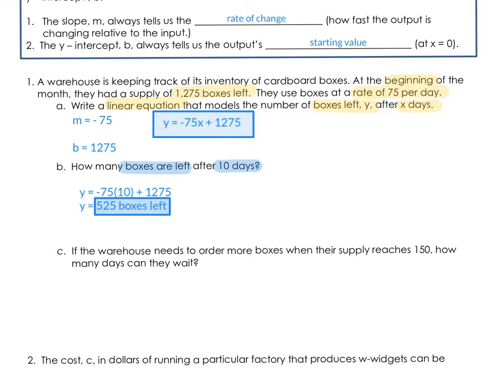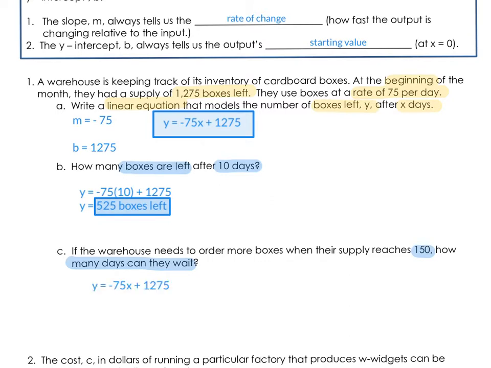The next part says, if the warehouse needs to order more boxes when their supply reaches 150, how many days can they wait? Well, the number of days, remember, is my x value. So the 150, that's my output. That's my boxes left, or y. So I'm going to use the same formula.